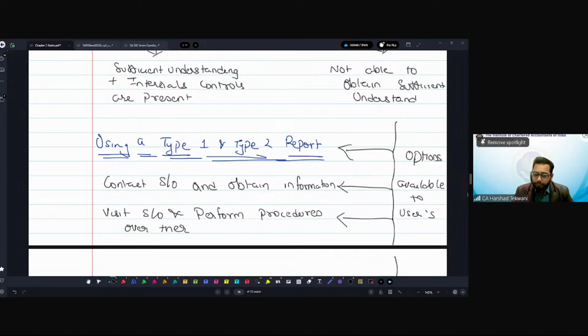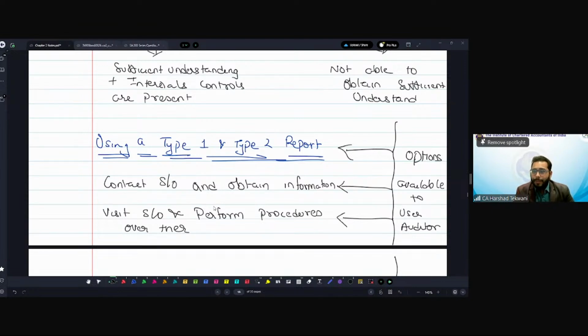Sir, in this second option, visiting the service organization, you have told me that if the service organization allows me to visit over there, can they also refuse us? Yes, why would someone allow you? See, both types of organizations are available.